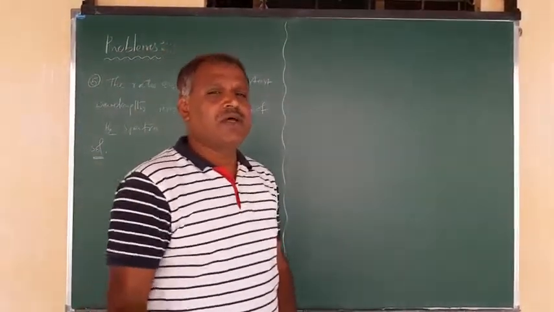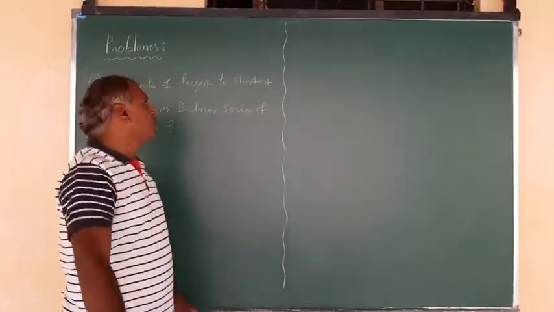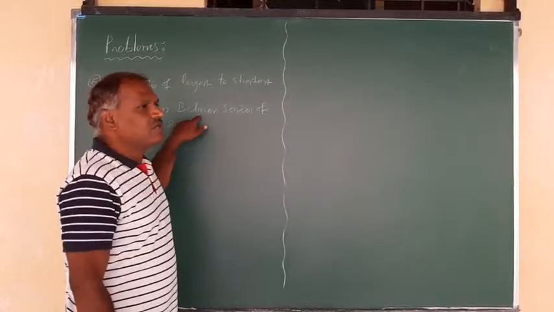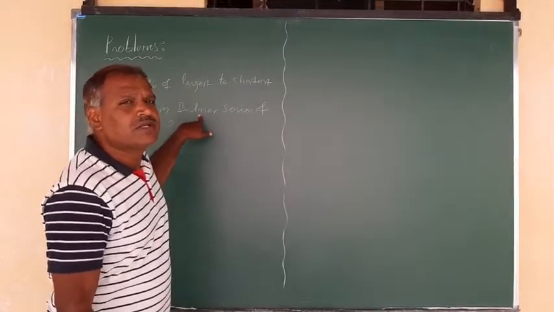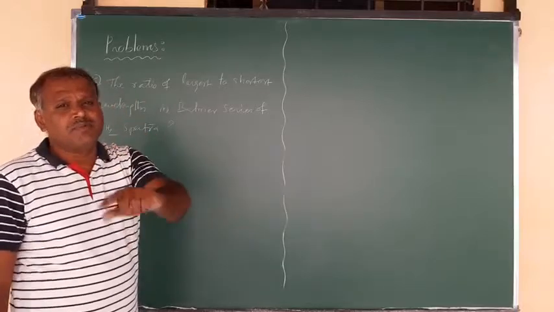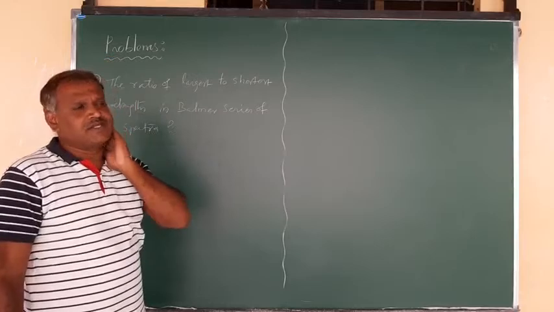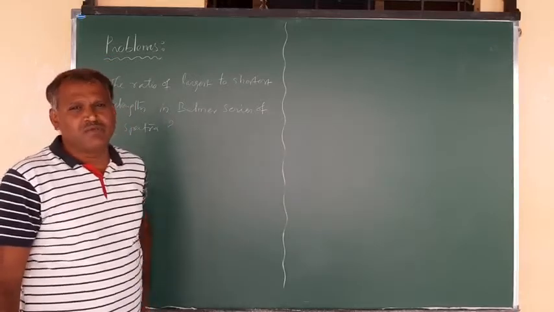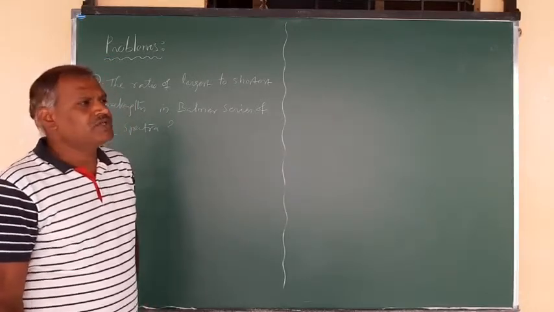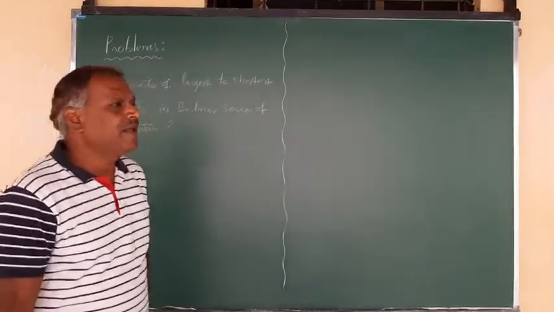That means when you are taking the transition of n is equal to 1 and n is equal to 2, which series is it? Balmer. Balmer is n1 is 2, n2 is 3. Right? That is where you can get the wavelength maximum. Therefore, you get the reciprocal of wavelength minimum, that is 1 by lambda is minimum. So the lambda value is observed to be maximum.